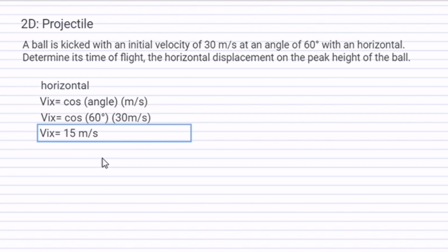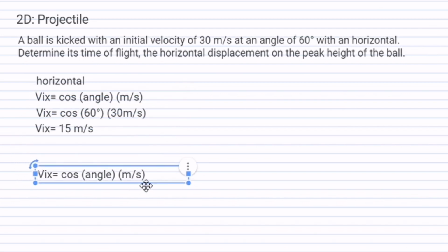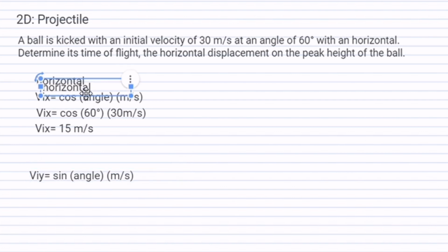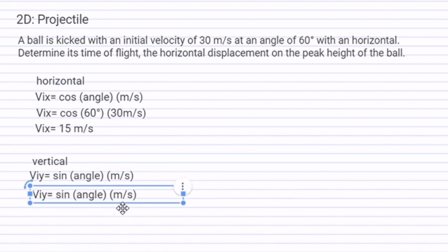The next one is we're going to get the vertical value, or the VIY. For solving the VIY, we're going to change the cosine into sine, like this. This is the vertical formula. So just distribute the values once again.